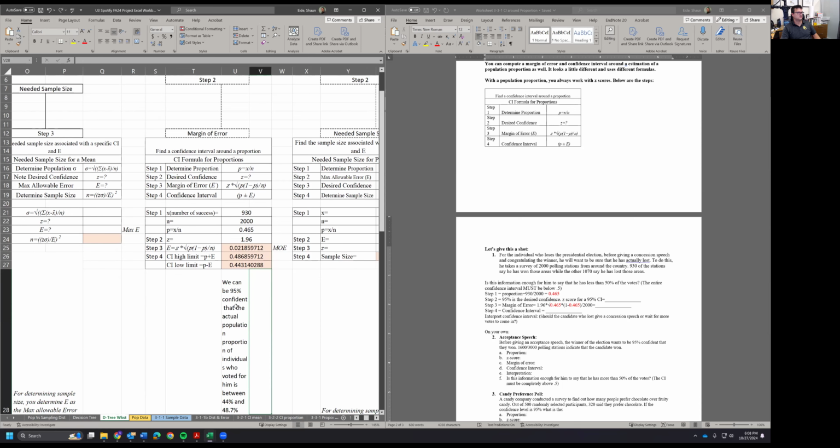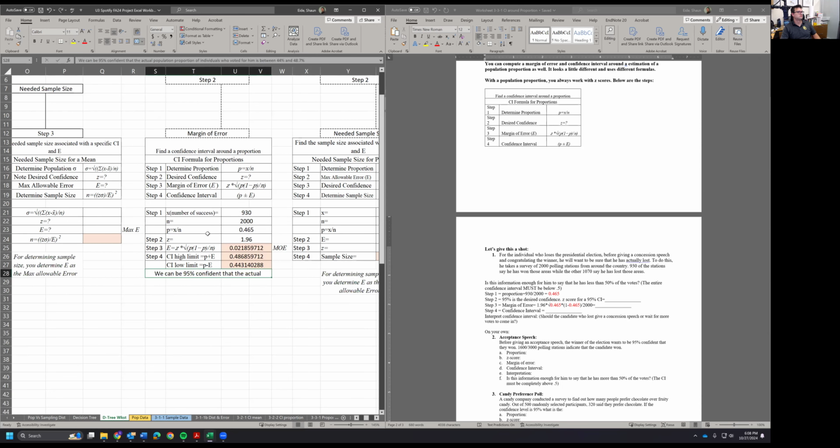Let's merge all this. So that's the confidence interval.